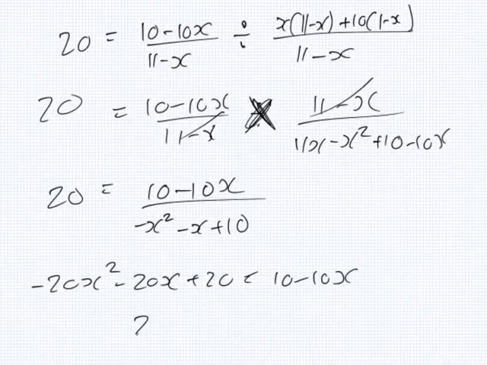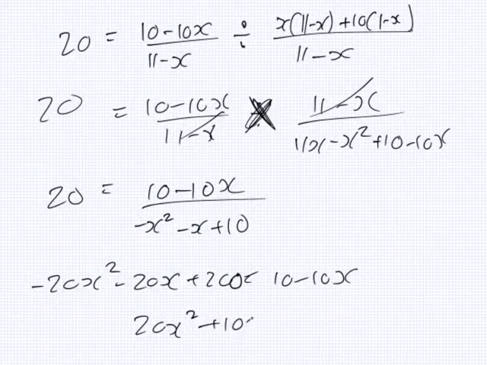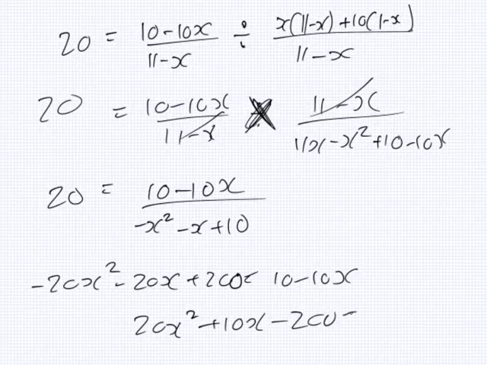Taking everything to the right, 9 plus 200, the C is 200. 20x squared plus 10x minus 200 equals 0.